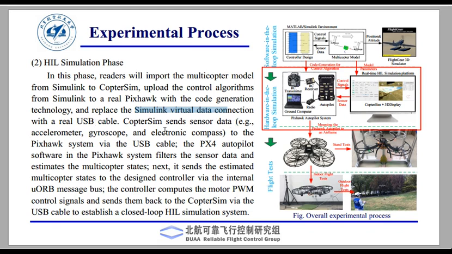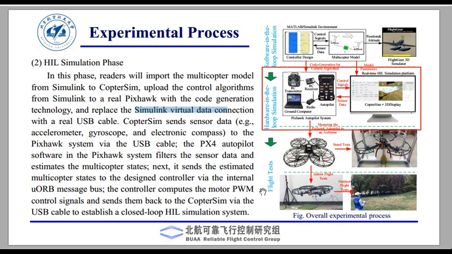CopterSim sends sensor data, for example accelerometer, to the Pixhawk system, which is hardware, via USB cable. The PX4 autopilot software in the Pixhawk system filters the sensor data and estimates the multi-copter states. Next, it sends the estimated multi-copter state to the designed controller via the internal uORB message bus.